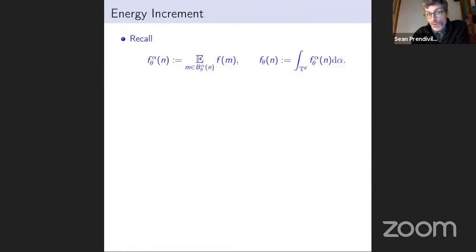So now I want to talk about this energy increment procedure. How does that go? Let me remind you about how we project our function down onto these Bohr translates, determined by theta and alpha. Theta is the frequencies, alpha is the shifts, or alpha corresponds to the cut of our unit circle.